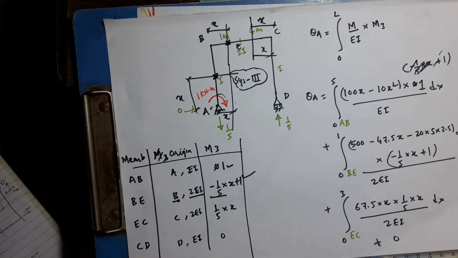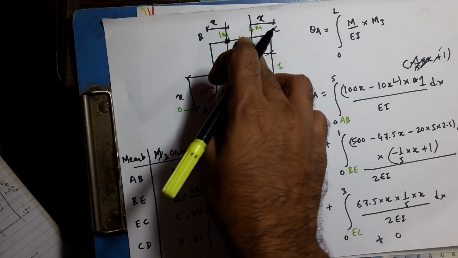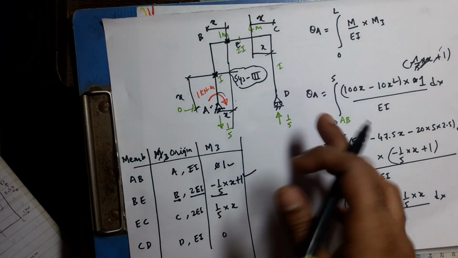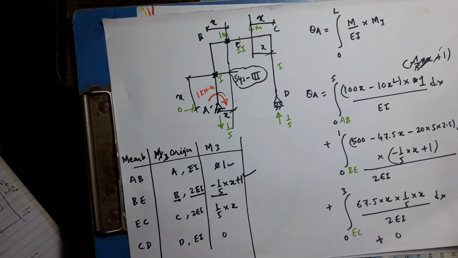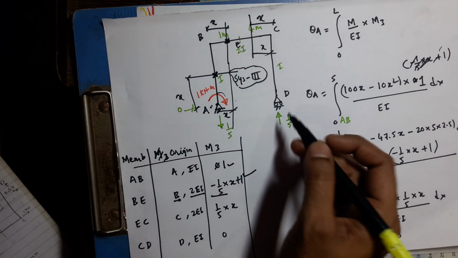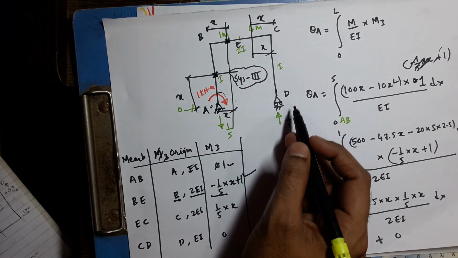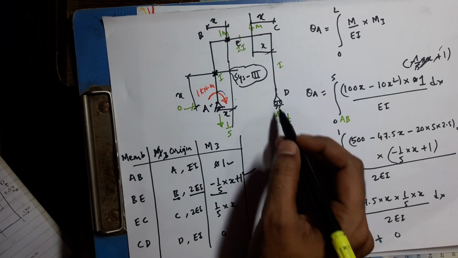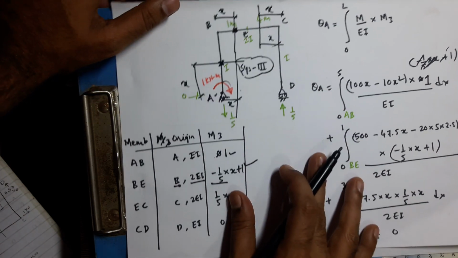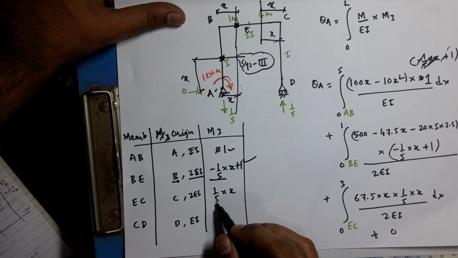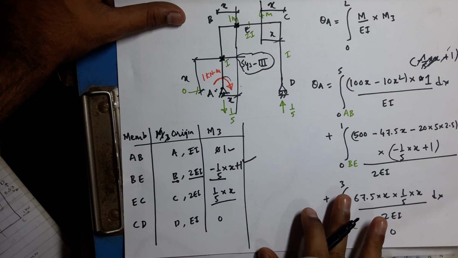I told you many times, when you go from right to left, anti-clockwise moment will be positive and clockwise moment will be negative. So you are going from D to this point, means right to left, this force will create an anti-clockwise moment, and hence we shall take it as positive.